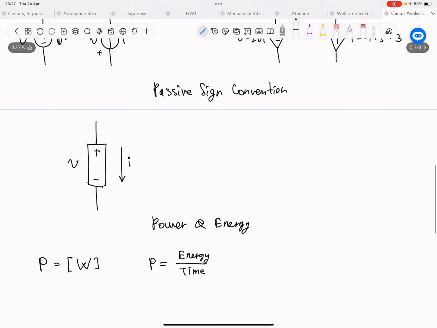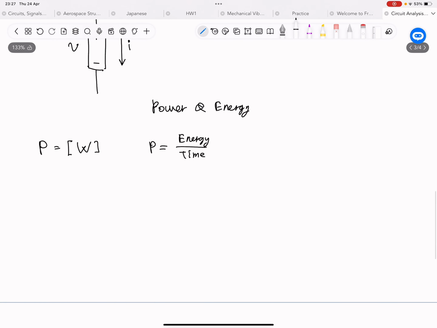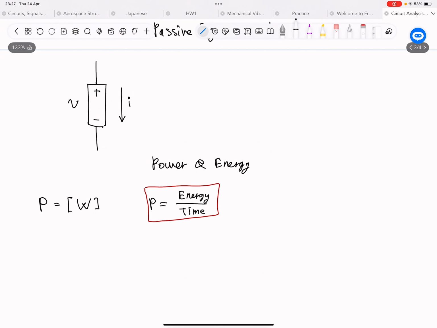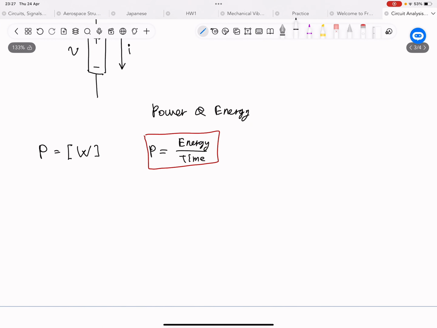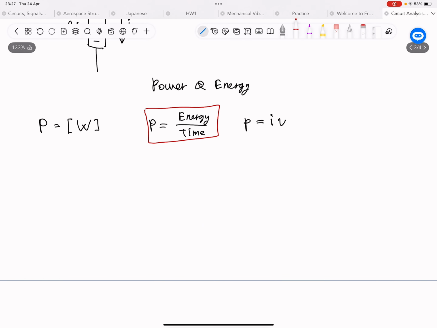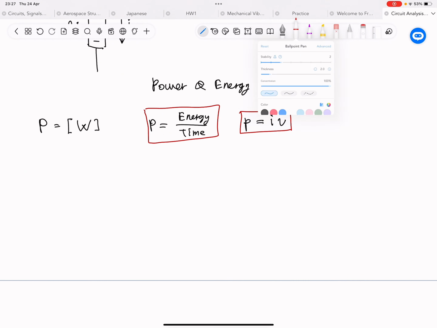This is the most general formula of power that we know from physics. But in this course, we'll need to know another formula for the power, which is this one. Power is also a multiplication of a current I and voltage V. It's as simple as it is. This is the formula that we need to know in this course.